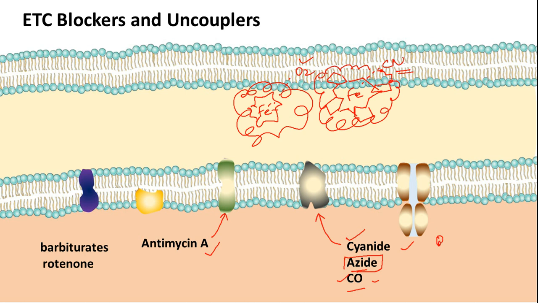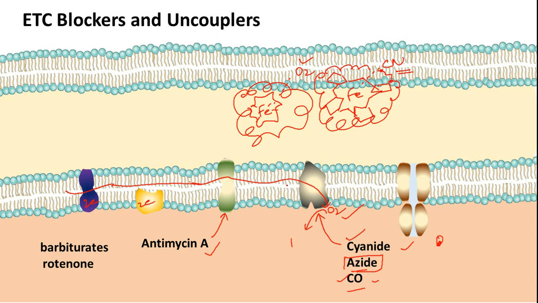So when oxygen is not available, the electron transport chain cannot happen, because oxygen is the electron sink. Unless you have oxygen, the electron transport chain that has been initiated, 2 electrons here, 2 electrons here, they have to travel through and then end here.